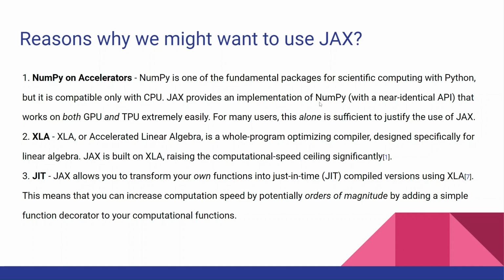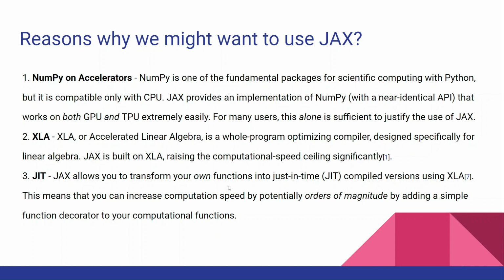JAX provides an implementation of NumPy with a near identical API that works for both GPU and TPU extremely easily. For many users, this alone is sufficient to justify the use of JAX. XLA, or Accelerated Linear Algebra, is a whole-program optimizing compiler designed specifically for linear algebra. JAX is built on XLA, raising the computational speed ceiling significantly.